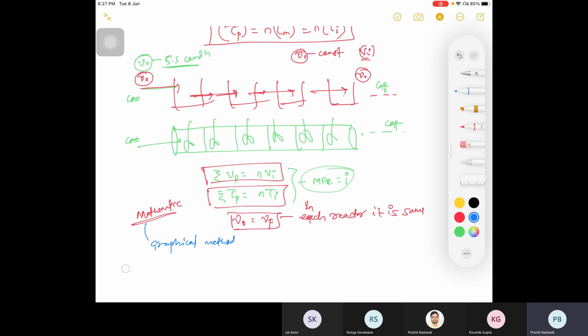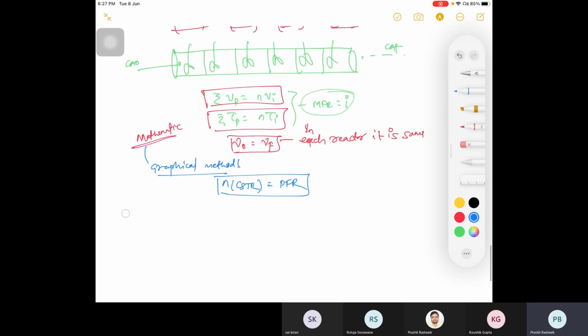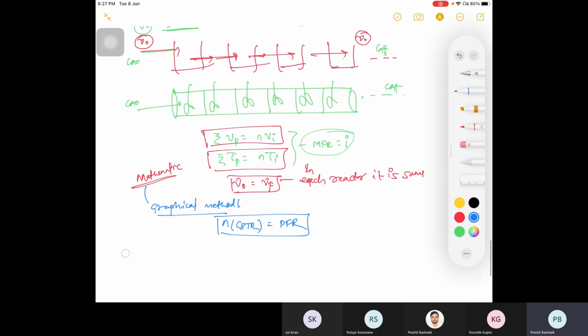like n number of CSTRs is equal to a single PFR. Okay, so this is your first MFR, this is your second MFR, third MFR, and all have the same volume.